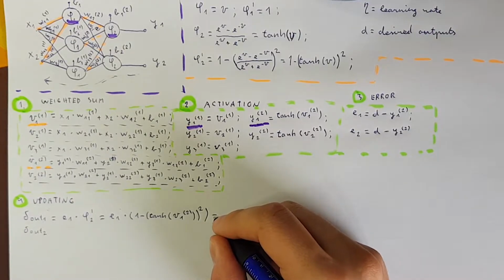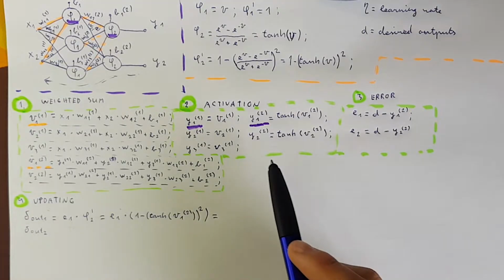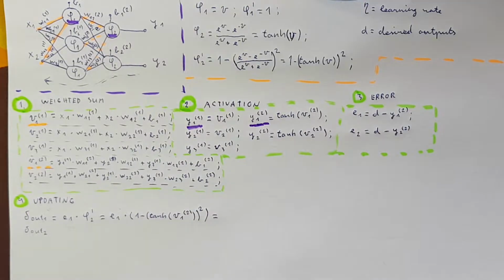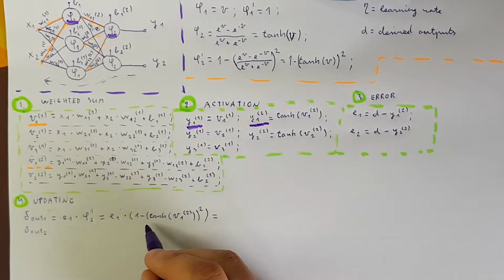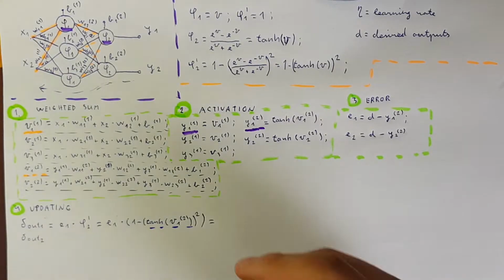This is how we calculate it. Of course, we can write it in a simpler form because this tanh of V1 of the second layer is exactly the activation part, so we could write it as Y1 of the second layer.